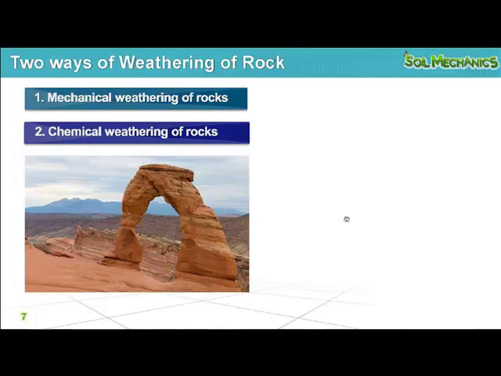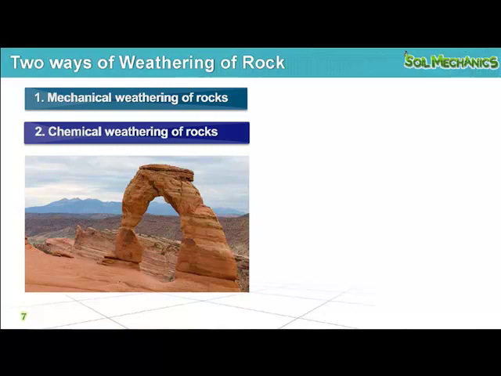You can see in the photo the weathering of rock. After 100 or 1,000 years, it will become like this. The weathering of rock is divided into two.